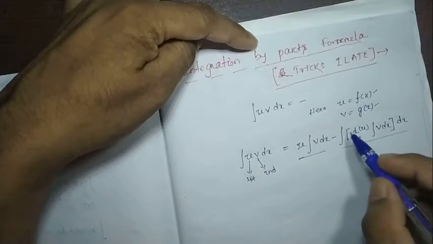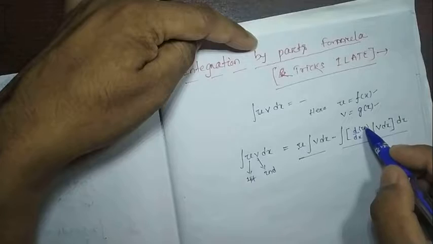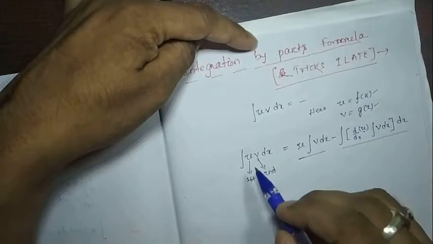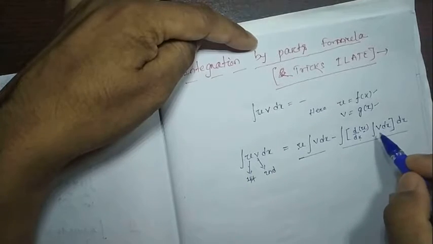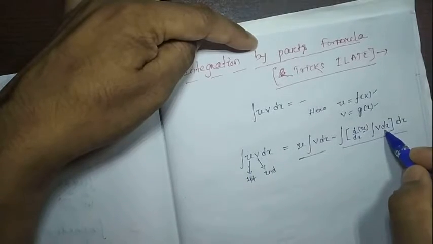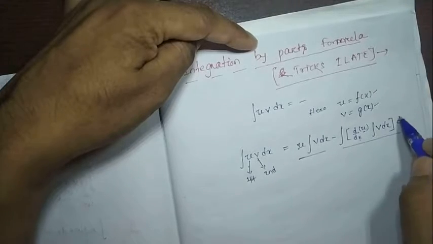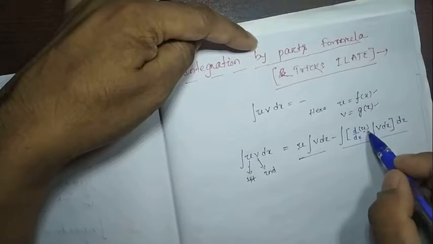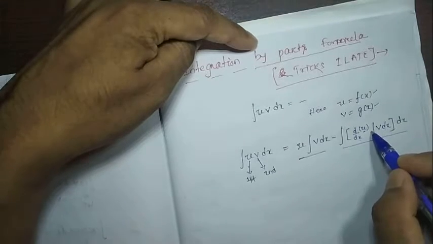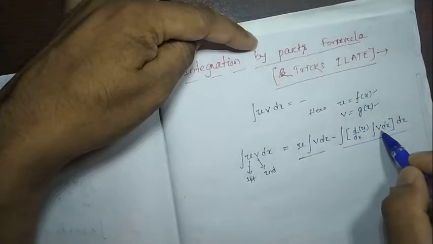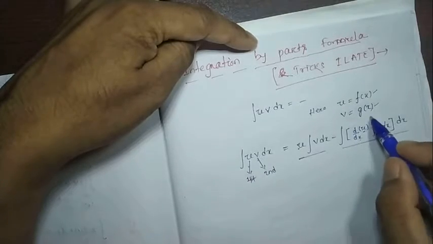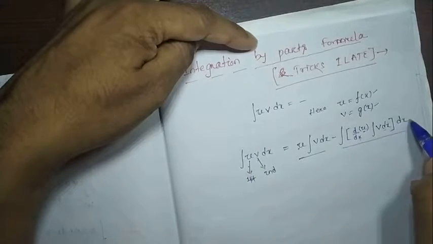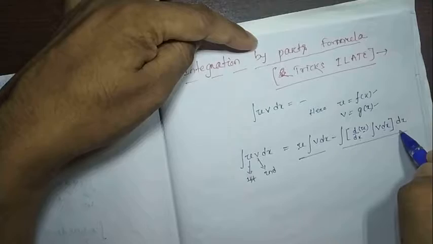Then minus the integration of the differentiation with respect to x of the first function, that is u, times the integration of the second function, and then the whole integration of this value. First we do the derivative of the first function, and in the meantime we take the integration of the second function, and whatever value we get here, we then integrate that result.